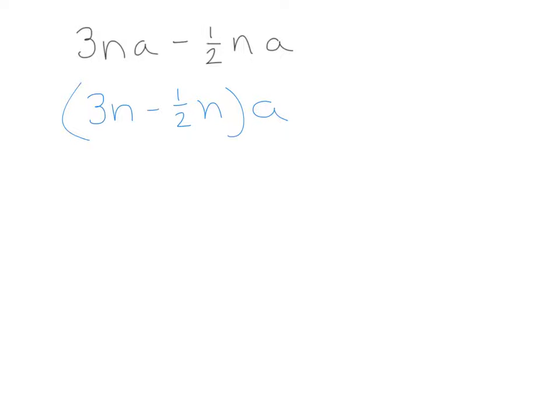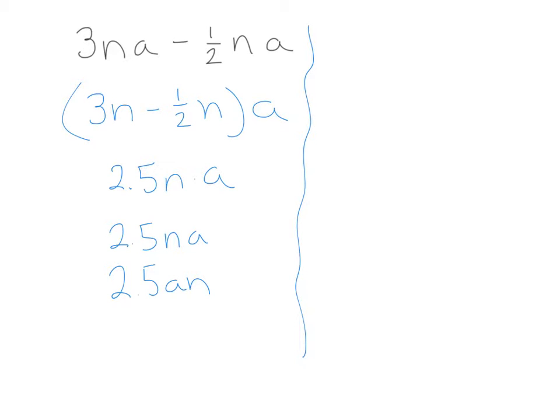But we can also now simplify this, and 3n minus a half n is 2.5 n's times a. So what we have is 2.5 na, or 2.5 an. So we could have simplified and collected n's, or we could have simply collected na's.